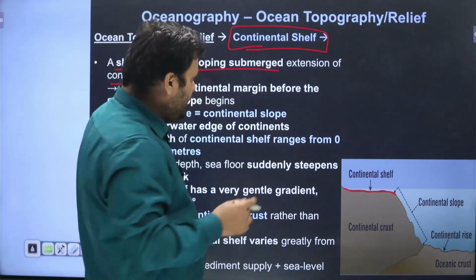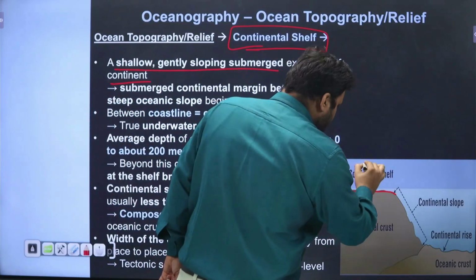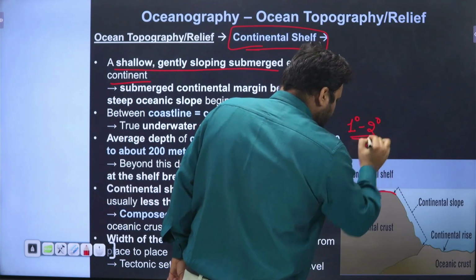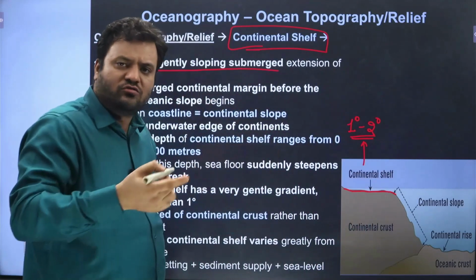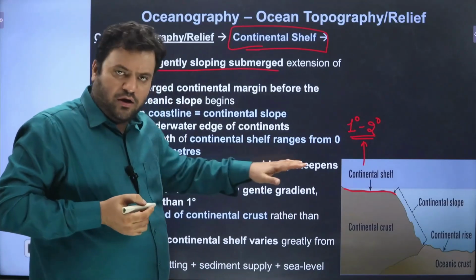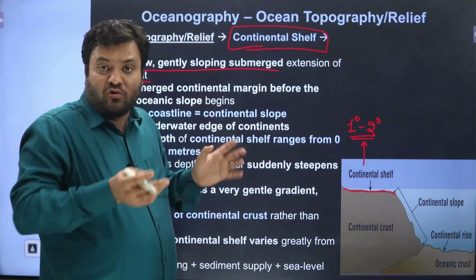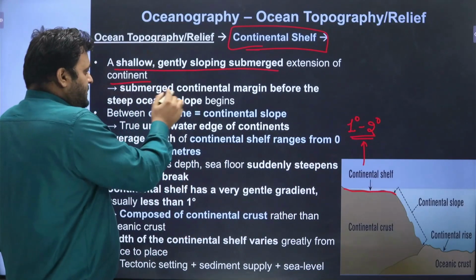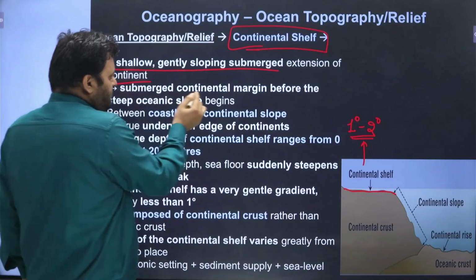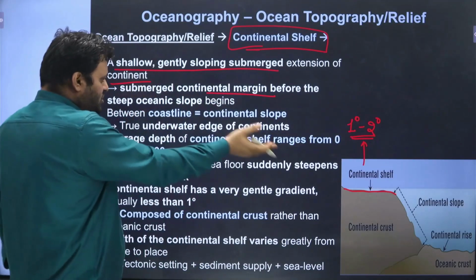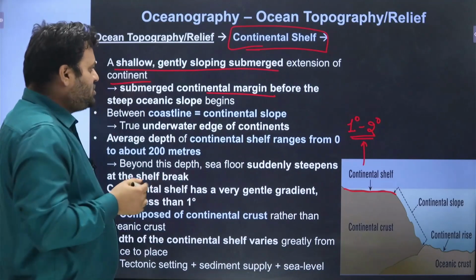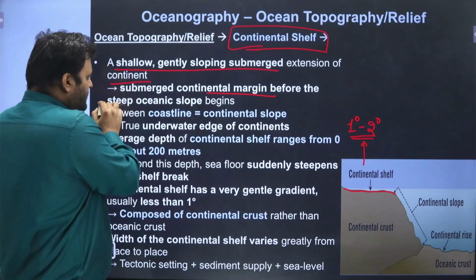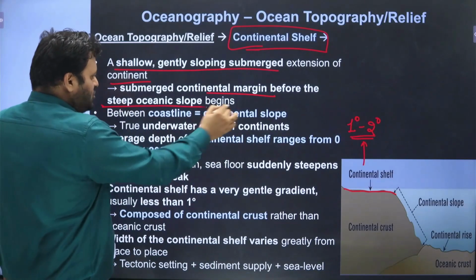The average slope of this continental shelf will be roughly 1 to 2 degrees. It will have shallow water, and it could be broader or narrower based on the location of the shelf. After the continental shelf, a steep oceanic slope will begin.